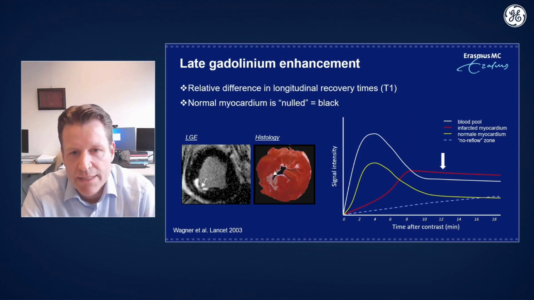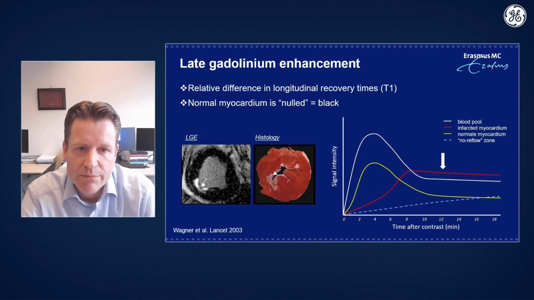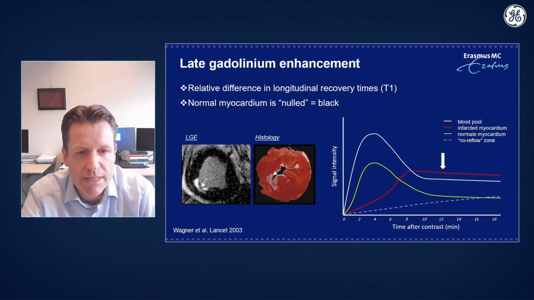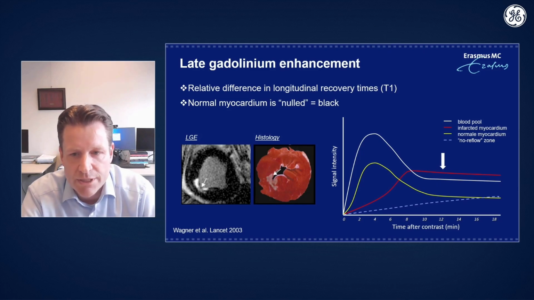First, I'm going to talk about the late gadolinium enhancement. With the late gadolinium enhancement, we look at relative differences in longitudinal recovery times, the T1. And normally the normal myocardium is nulled, so that looks black. On the left, you see the late gadolinium enhancement with a subendocardial infarction with a corresponding histology image.